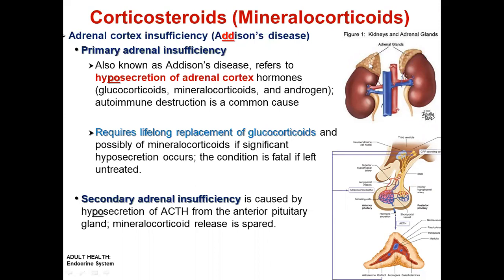This is the picture you can see, on top of the kidney, the adrenal gland. What is the function of this gland? The adrenal gland helps to make adrenaline and cortisone. Both of them are super important for management of stress.